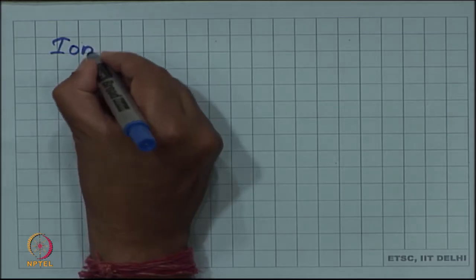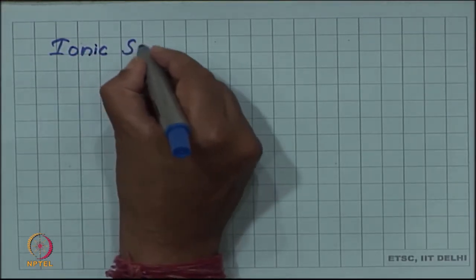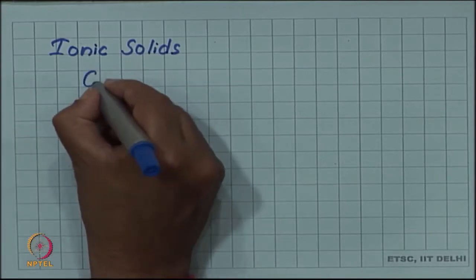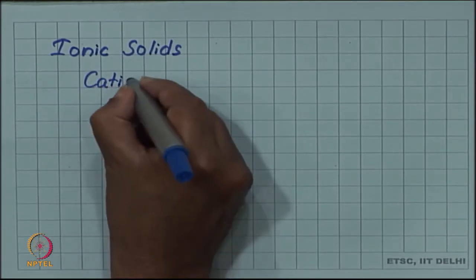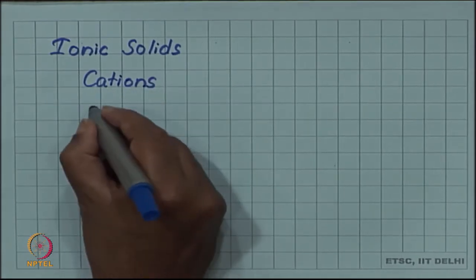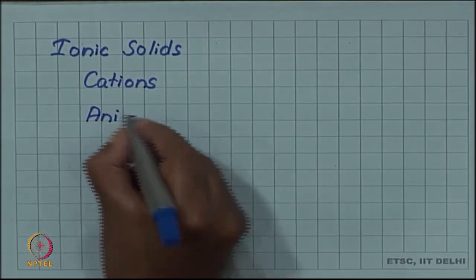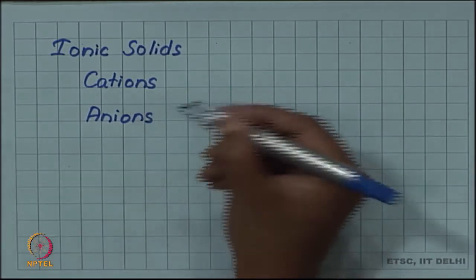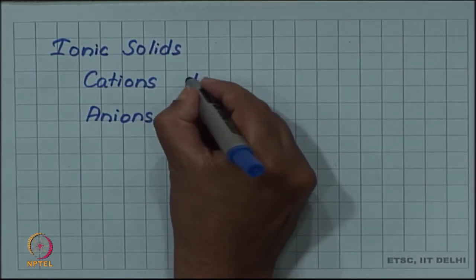Ionic solids are made up of cations and anions. Cations are attracted to the cathode, so they are positively charged.